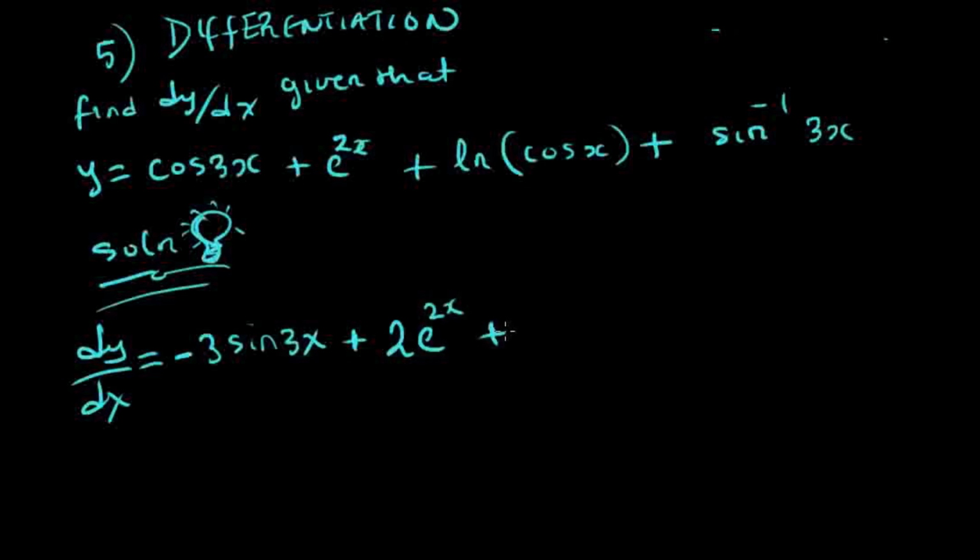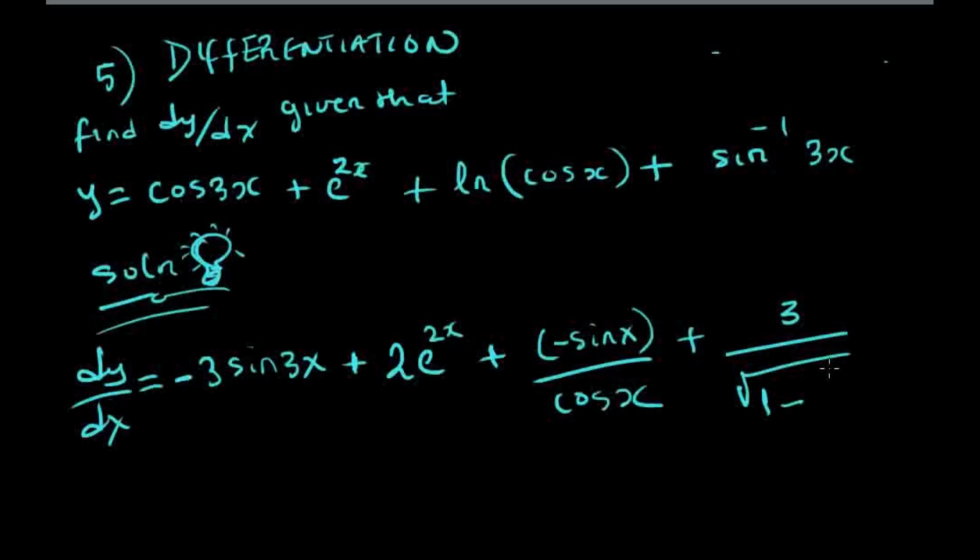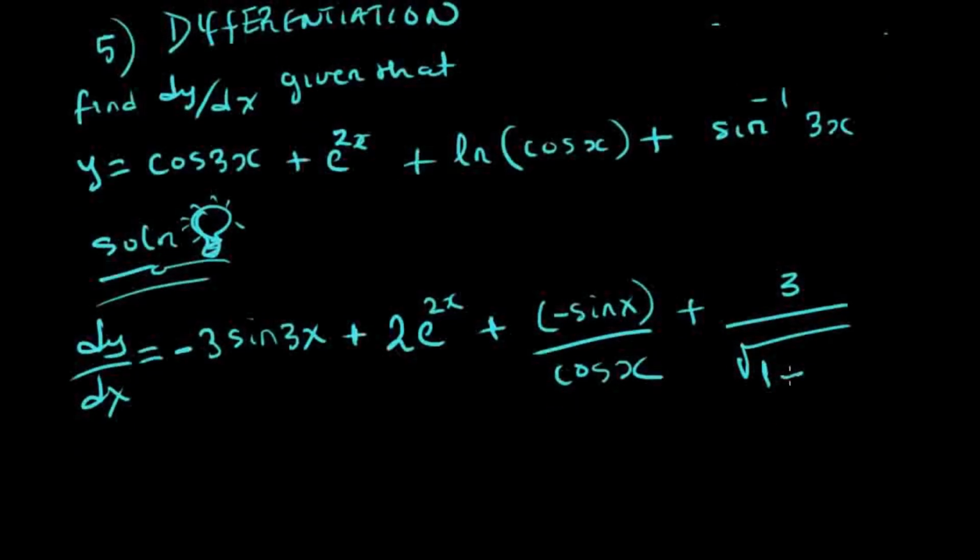Differentiating ln cos x gives me negative sine x over cos x. Differentiating sine inverse of 3x is going to give me 3 all over the square root of 1 minus 3x all squared.